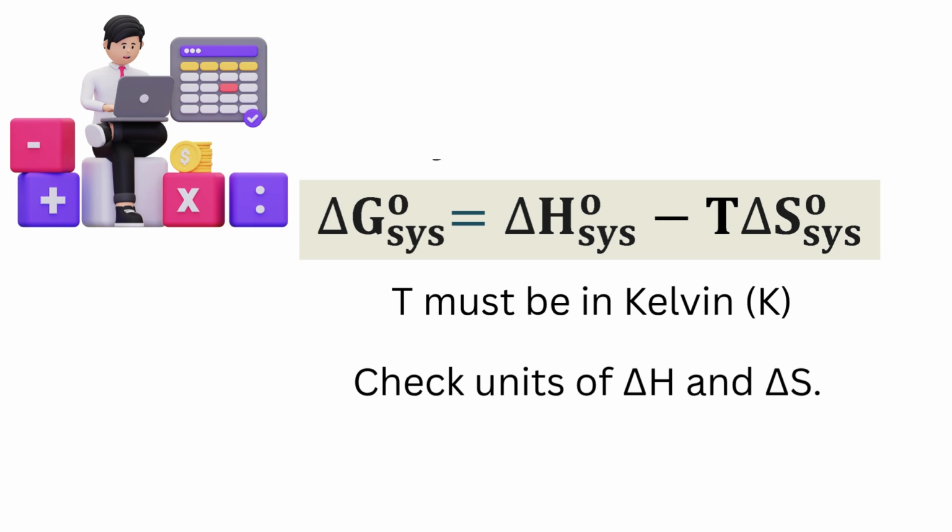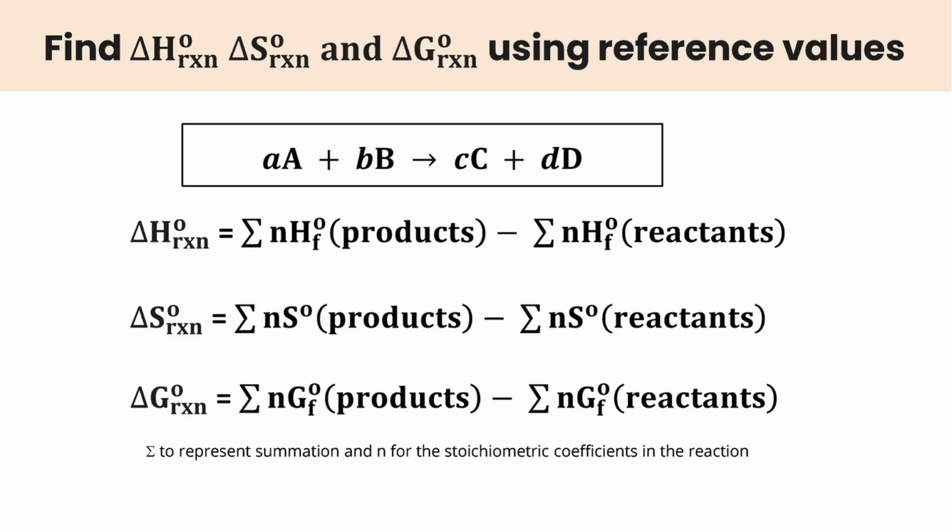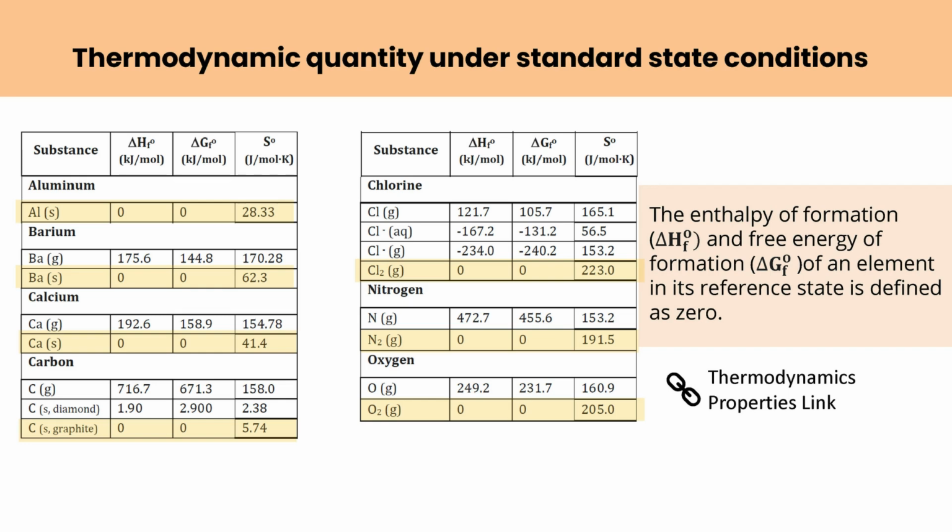Right. Or there's another way, similar to calculating delta H naught reaction, using standard free energies of formation, delta Gf naught. Exactly. Tables list these delta Gf naught values for many compounds. It's the free energy change when 1 mole of the compound is formed from its elements in their standard states. And just like delta Hf naught, the delta Gf naught for a pure element in its standard state is 0.